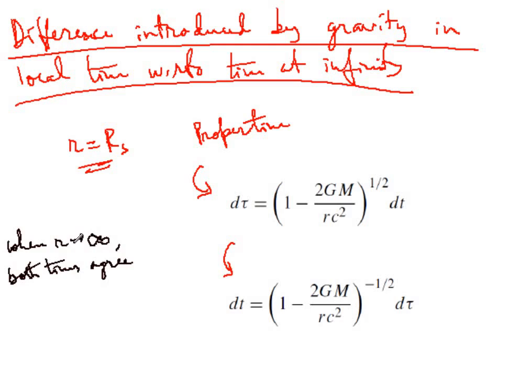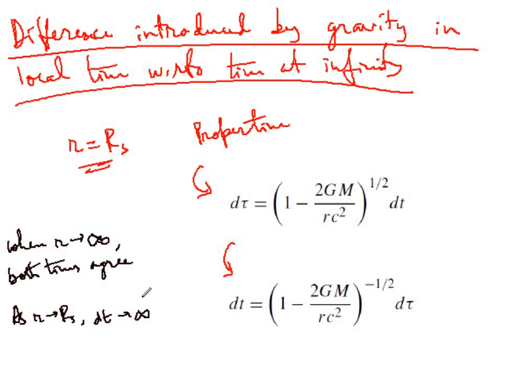So you can interpret t as the proper time measured from the infinite distance. Now, as the system with proper time tau approaches the Schwarzschild radius, dt tends to infinity. You see, according to this term, as r tends to rs, dt tends to infinity.